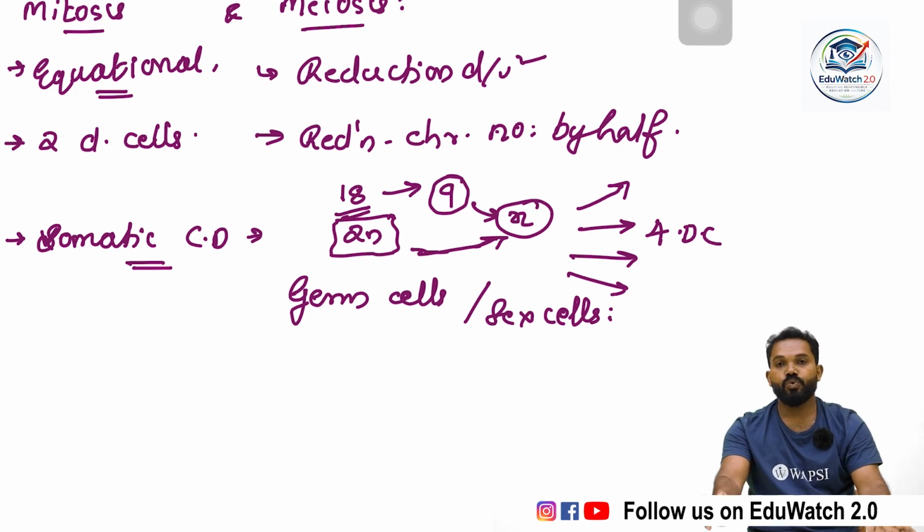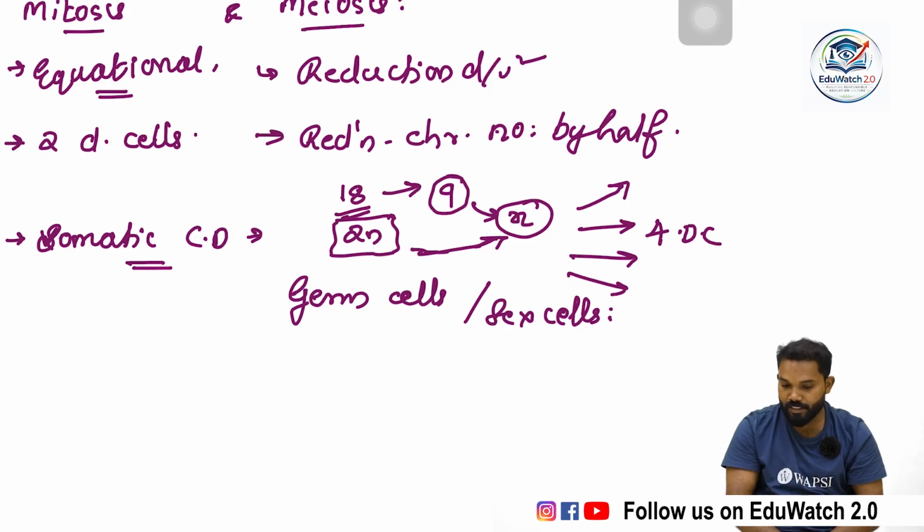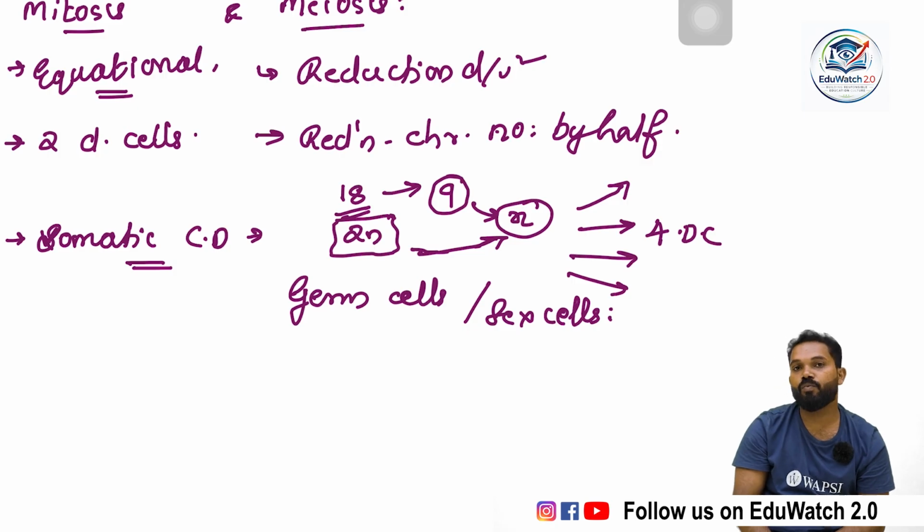These two processes are complex. Among these, meiosis is more complex than mitosis, but both are complex, meaning they consist of more than one step, a step-by-step process.